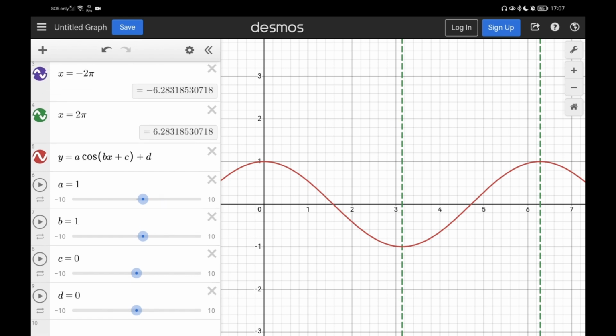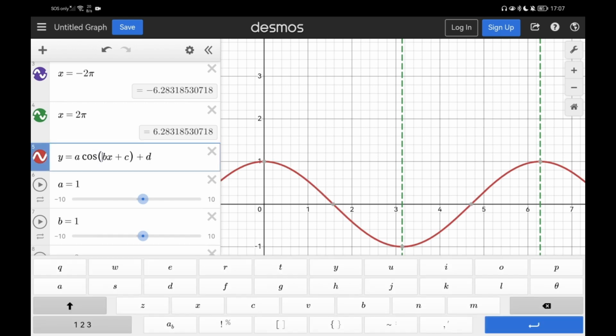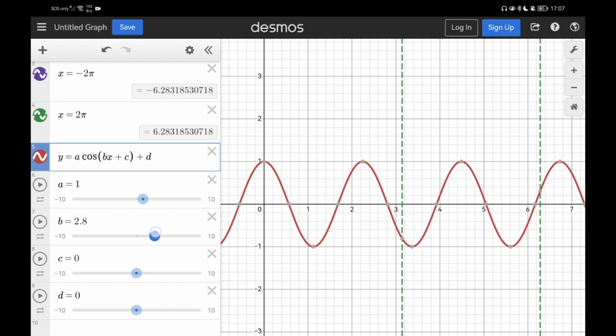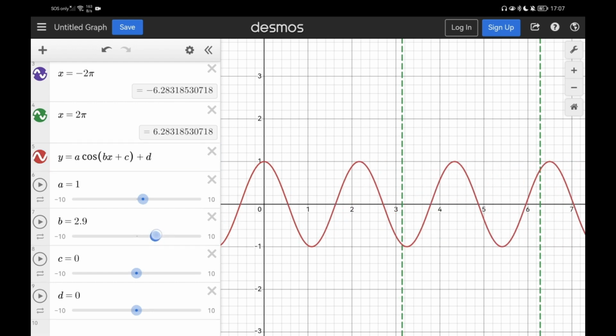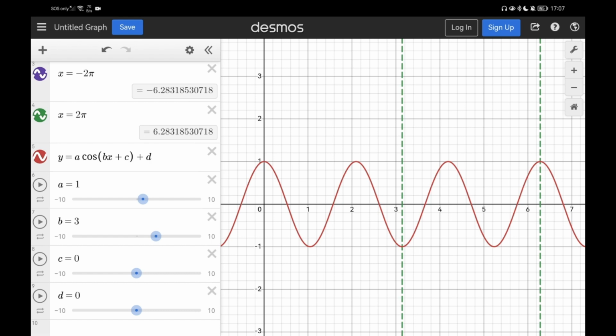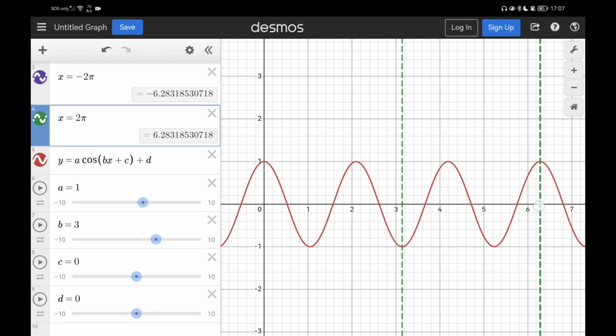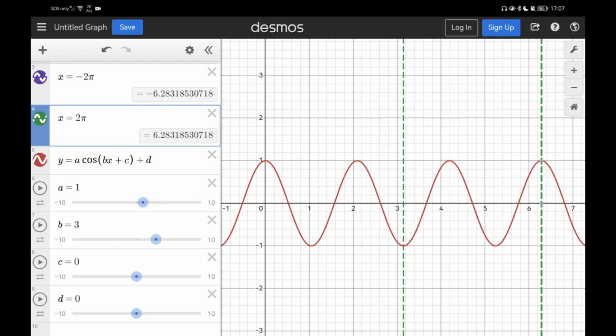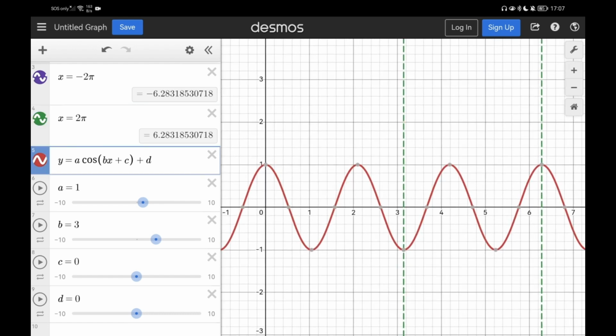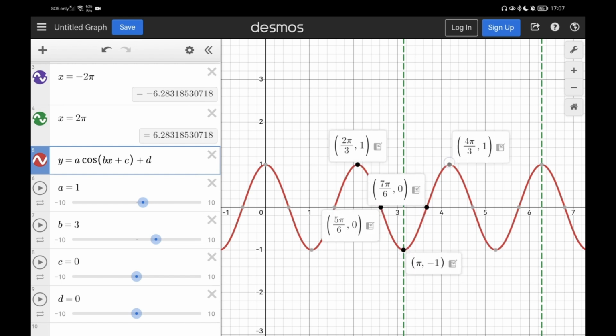So let's vary the b. Let's change the b into, say, 3. When you change the b into 3, it means that it requires 3 cycles to approach 2 pi. You can see that an ordinary cosine function goes up, down, up, first cycle; up, down, up, second cycle; up, down, and up, third cycle.